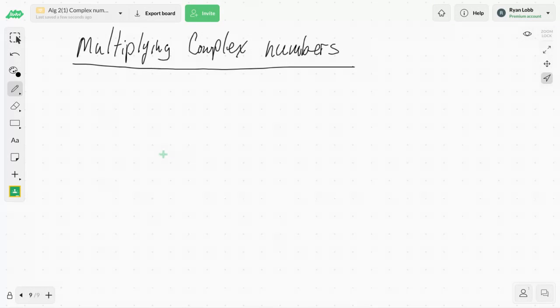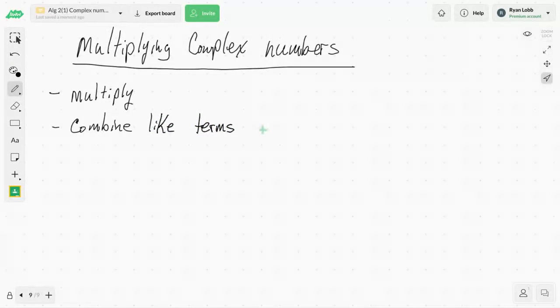When multiplying complex numbers, essentially what we're going to do is multiply, and combine like terms. For us, that's going to be the real numbers and imaginary numbers.